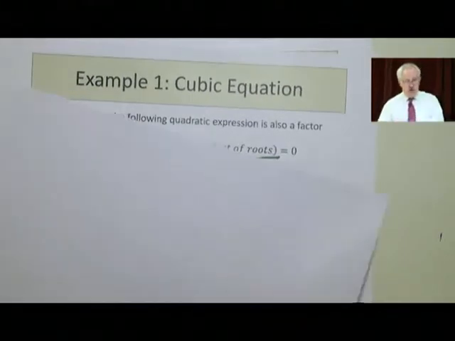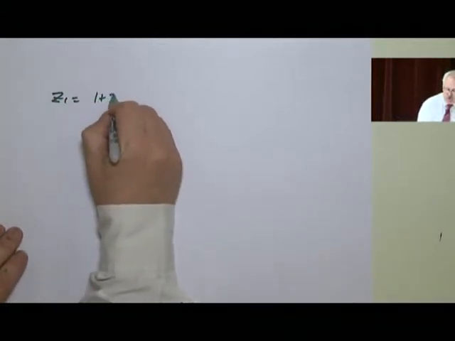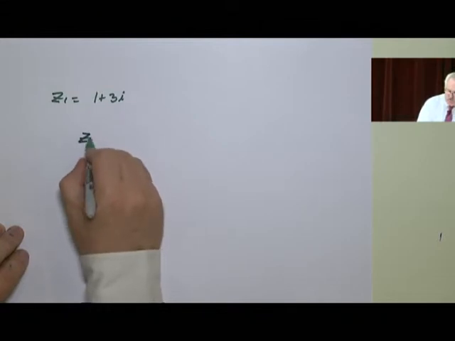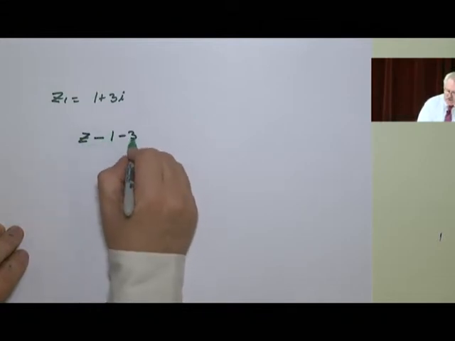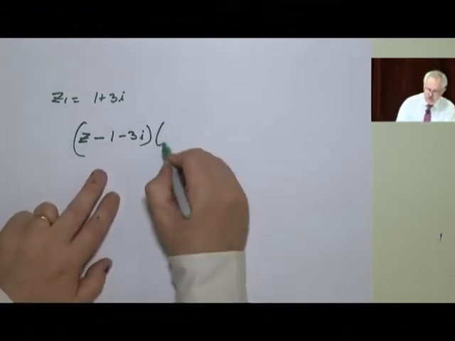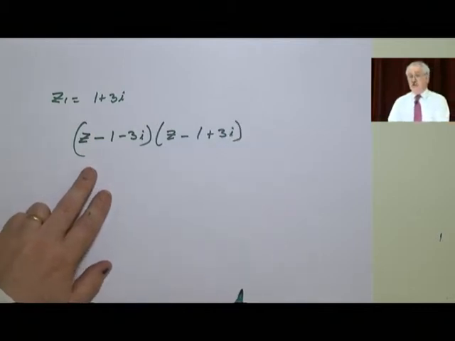You could have done that more slowly. You could have said z1 was given as 1 plus 3i. Therefore, z minus 1 minus 3i is one of the factors. Z minus 1 plus 3i is the other factor.